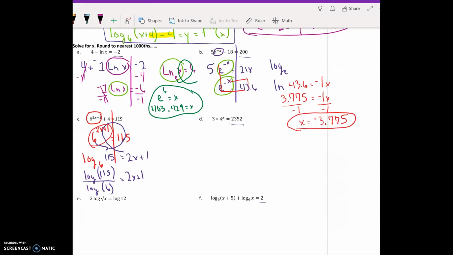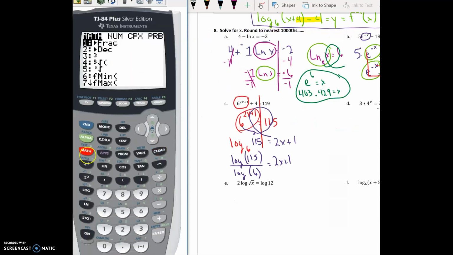But as far as typing it in right now, I'm going to use the newer operating system. So again, what I can do is just press math, scroll up, and choose that log base and put my little 6 in, put my 115 in, and I'm going to get a really long decimal, but for the sake of keeping things on track, I will round that decimal as I'm writing. So I get this long 2.6 something.